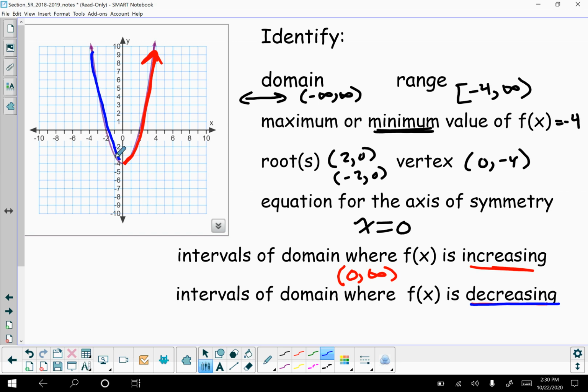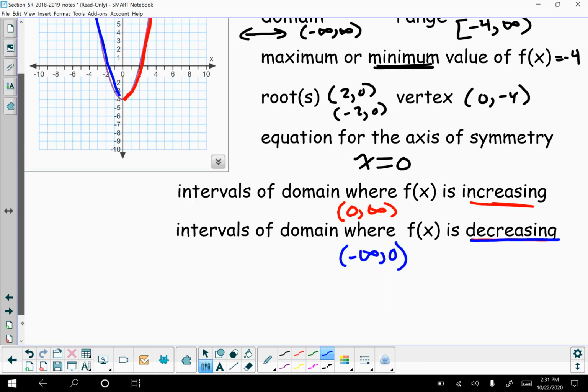If I were to pick any 2 points in that blue portion and find the slope, it would be a decreasing slope or a negative slope. So that would be from negative infinity to 0. And again, it's a soft bracket at the zeros because right at 0, it's a horizontal line with a slope of 0, and the infinities always have a soft bracket because I can't get there.